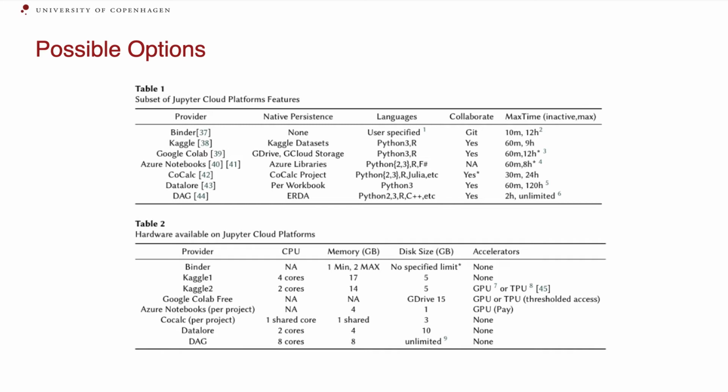So instead of this, we decided that we would enable our own internal service, the data analysis gateway, to be able to utilize cloud resources externally by orchestrating cloud resources at a public provider such as either AWS or Oracle Cloud.